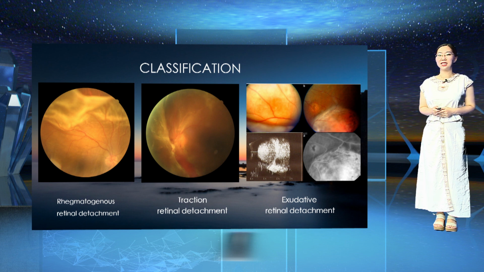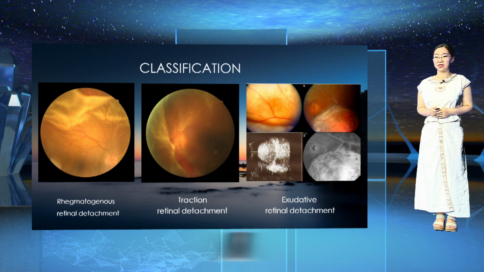Retinal detachments are classified as rhegmatogenous if they are the result of a retinal hole or retinal tear, and as non-rhegmatogenous if due to traction or an exudative process. Retinal detachment can occur either passively, as when a retinal hole or tear allows for an accumulation of fluid between the layers, or actively, as in the case of either vitreous traction or an exudative process.